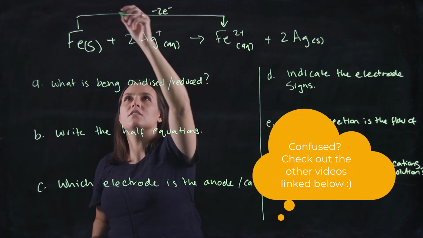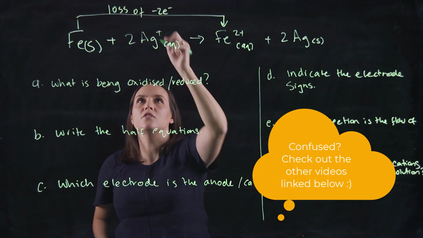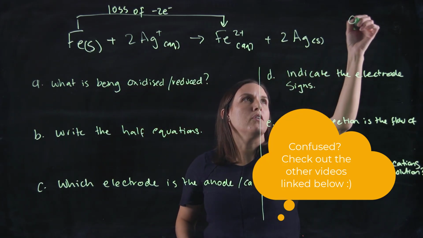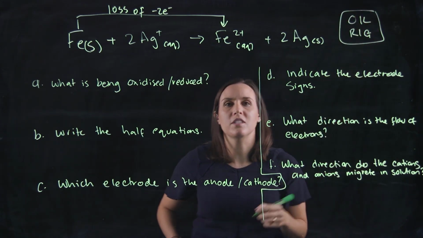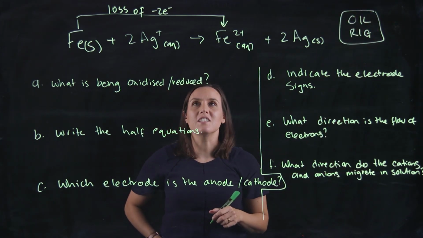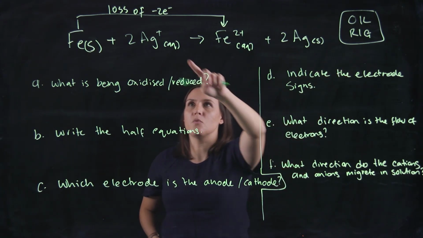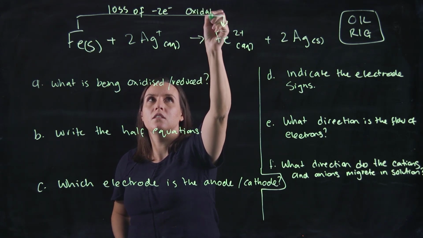So this is the loss of 2 electrons. So remember, OIL RIG, it's a common way to remember oxidation and reduction. Oxidation is the loss, and we're looking at electrons with OIL RIG. So we've got the loss of 2 electrons, so this will be the oxidation.